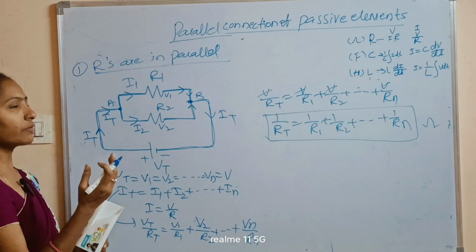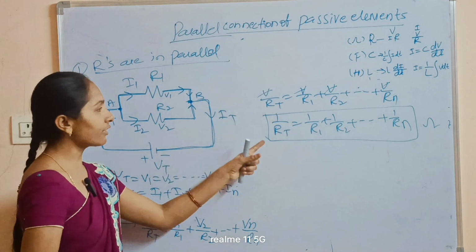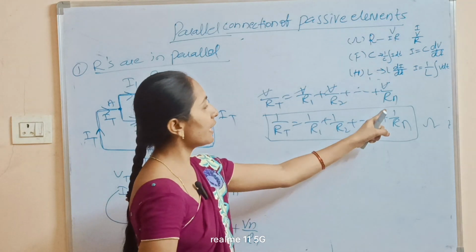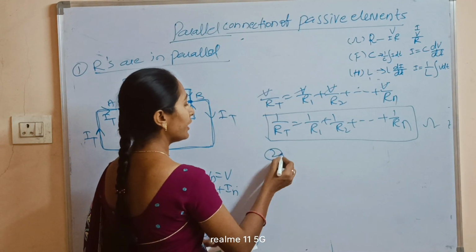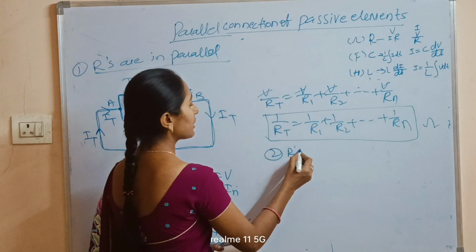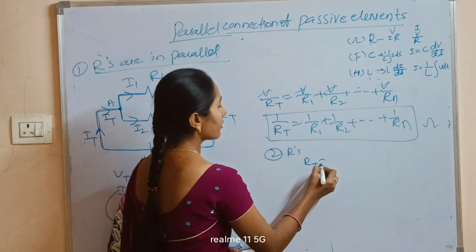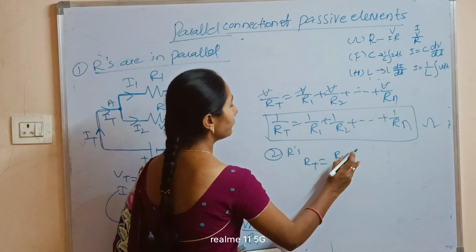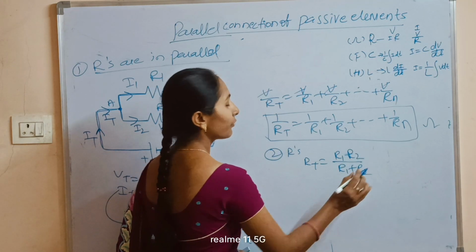In series combination, it is R1 plus R2 plus so on Rn. Coming to parallel combination, 1 by R total equals 1 by R1 plus 1 by R2 plus so on 1 by Rn. If only two resistors are in parallel, then directly we can write R total equals R1 R2 by R1 plus R2.